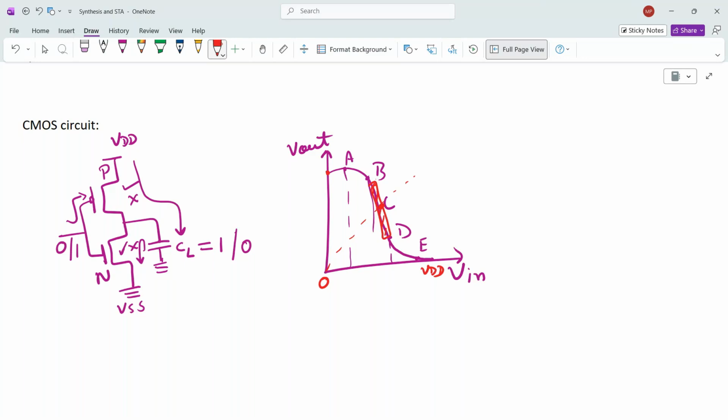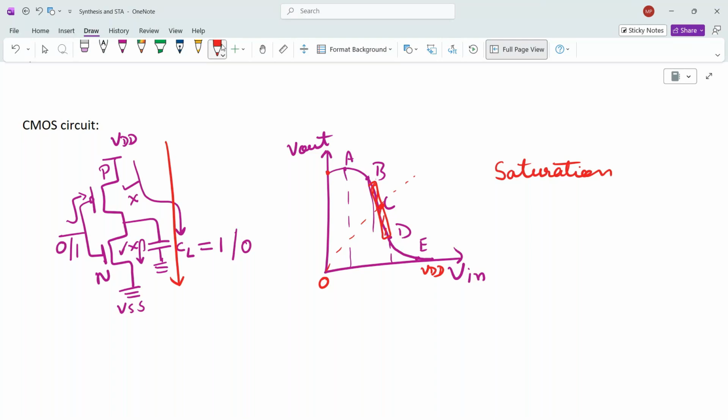Here both PMOS and NMOS are in saturation region, which means both are on. That means direct current is flowing from VDD to VSS, and at this point a high amount of power is dissipated.